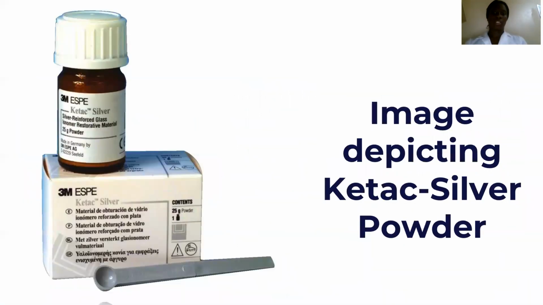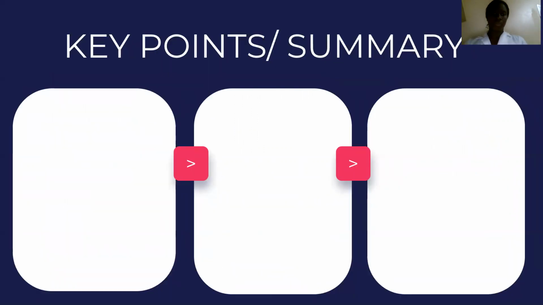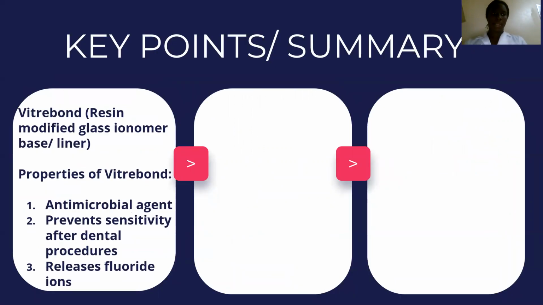Now, this is an image depicting the bottle as well as the box in which the Ketac Silver powder would come. Now, a major brand of the resin-modified glass ionomer is termed Vitrebond.